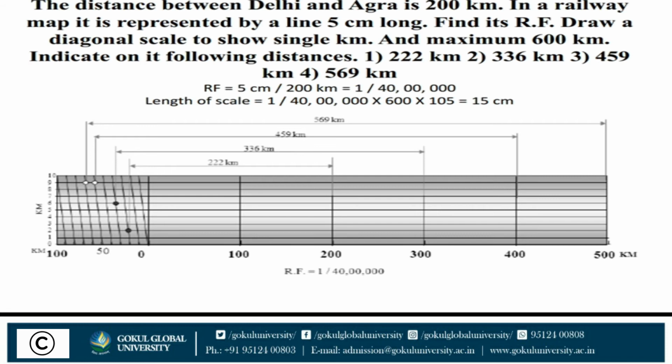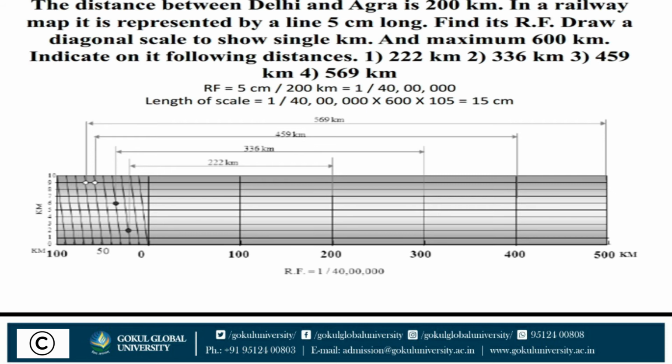Now first, in the figure, 222 kilometers means 200, that is 2 main lines, and 22 subdivisions.